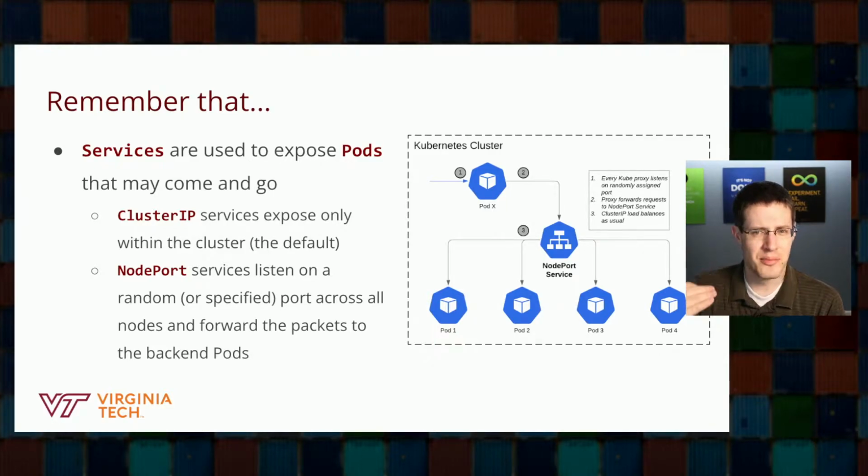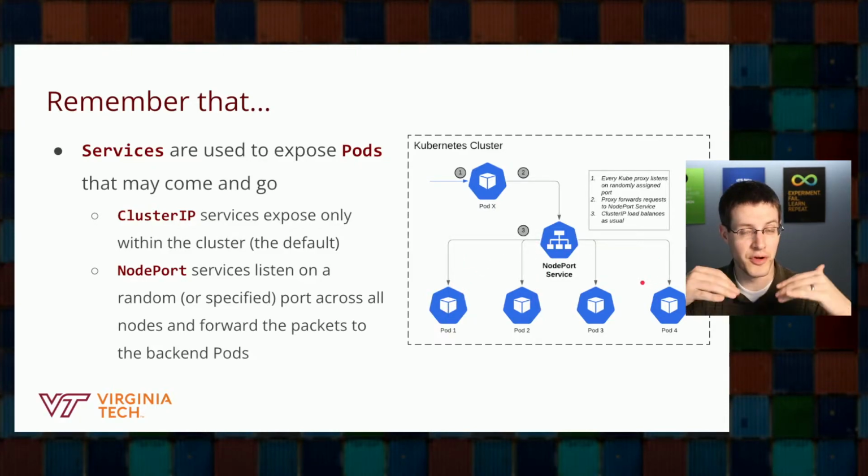The next level up is what's called a NodePort service, and this allows us to create a mapping at the node level to say requests that come to a specific port on the node should be forwarded to the service, okay? Let me grab my laser pointer here. As the requests come into the node port, a port on that node, it will then forward the request to pods running.